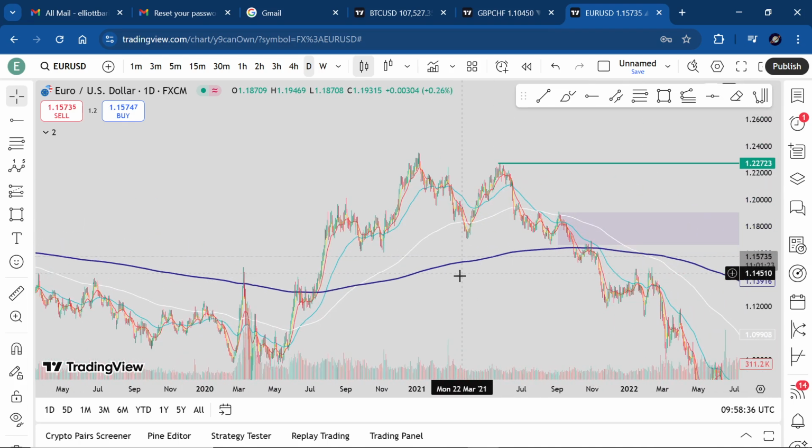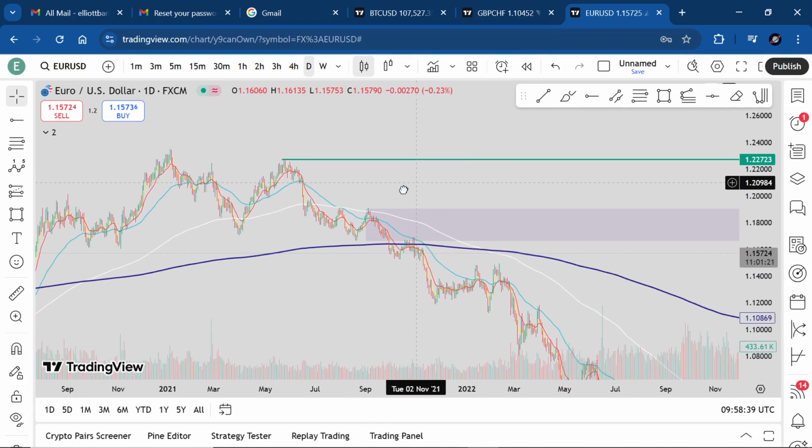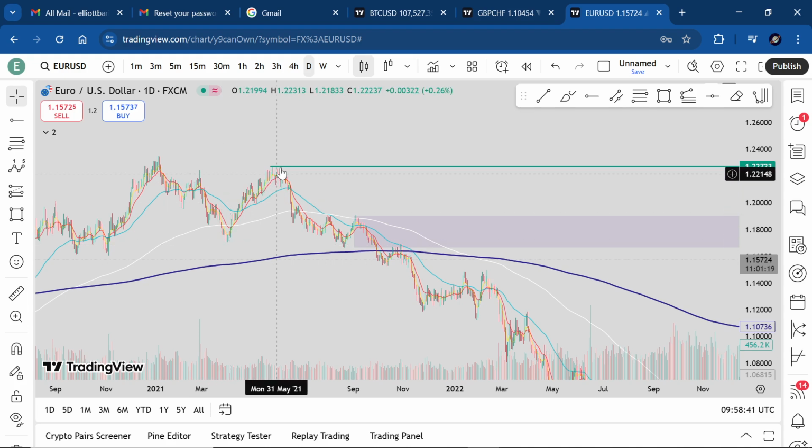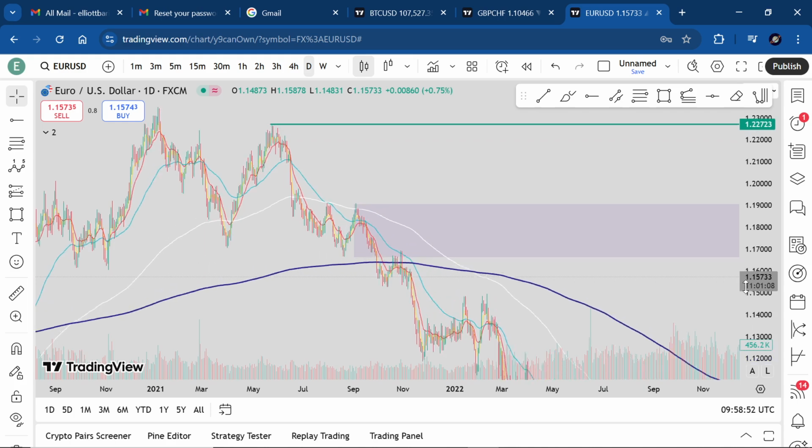Because this is the last supply zone. This is the last up move before the down move that breaks structure. You can see we distributed in here, came down, broke structure over here, and then we came up over here.